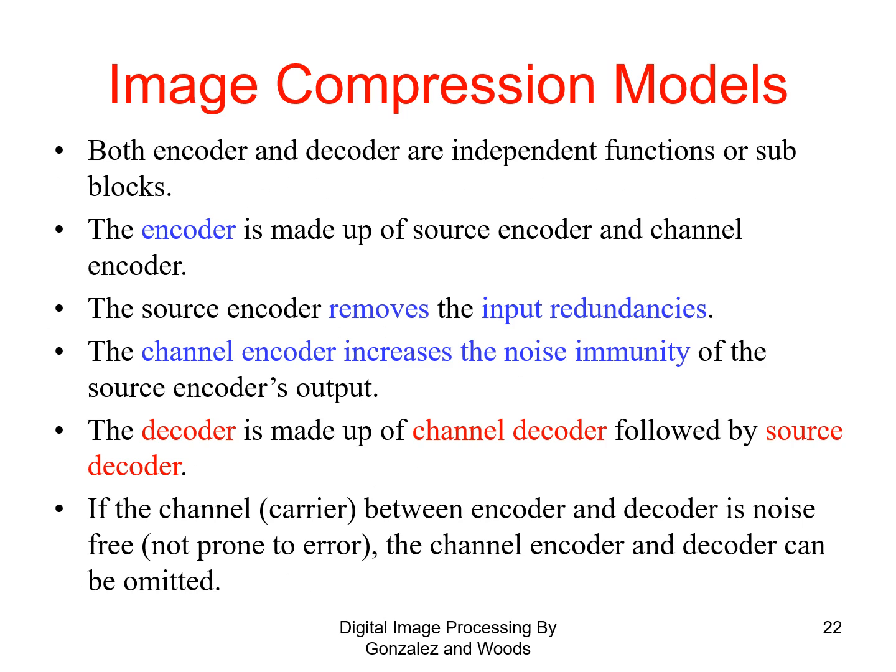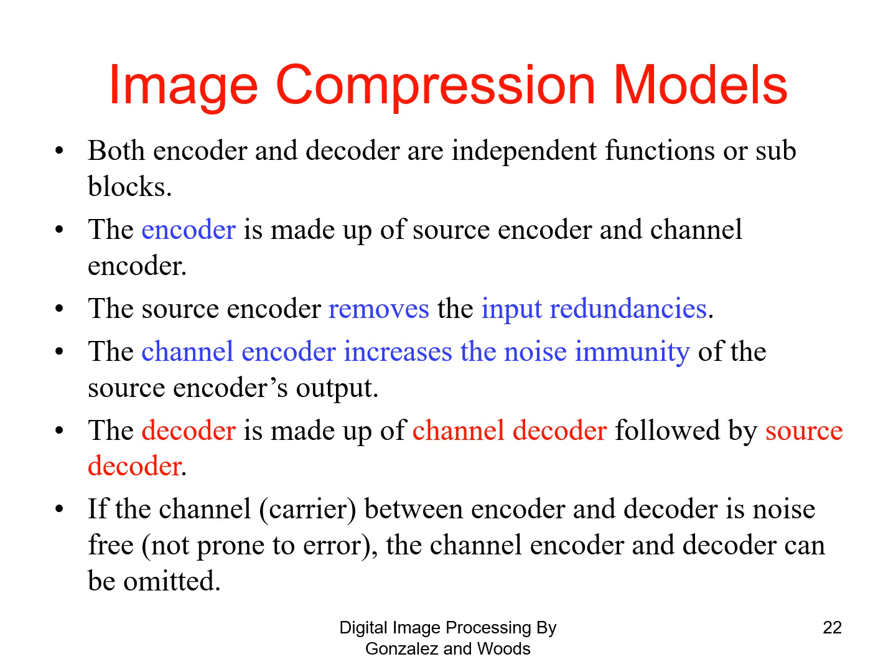The encoder is made up of a source encoder and a channel encoder, and the source encoder is used to remove the input redundancies. The redundancies which we have just learned, like psychovisual, coding and interpixel redundancies, we can remove in the first block, that is the source encoder block.